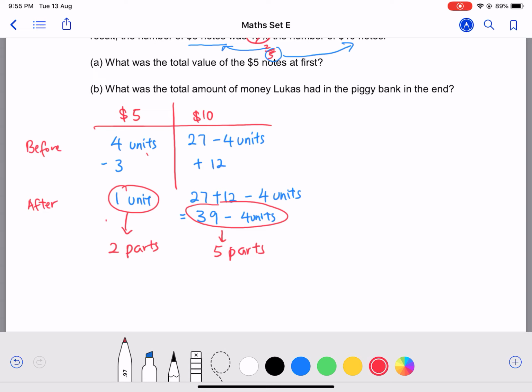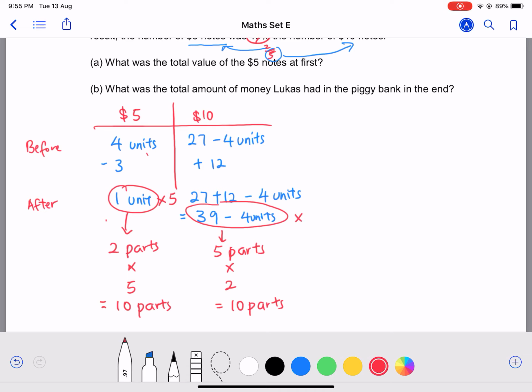Now one is 2 parts, the other one is 5 parts. If you recall in our lesson, one way for units and parts is to make both parts equal. So to make both parts equal, 2 and 5, I can make a total of 10 parts. I can make this 10 parts and this one 10 parts too. Now for me to do that, of course I need to blow up 5 times for here.